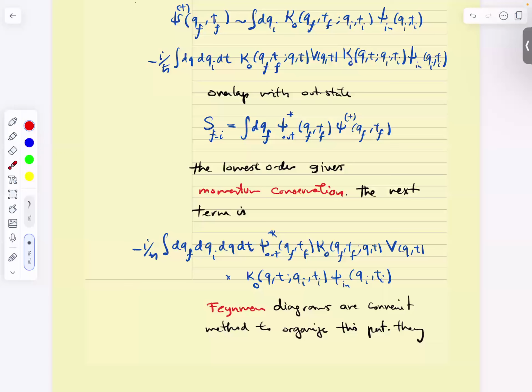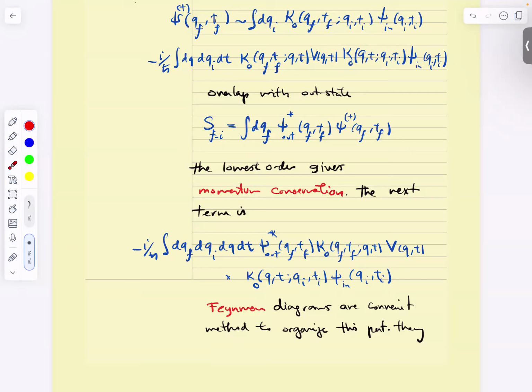Here I'm going to insert some q double prime. Sorry, it should be t_i.